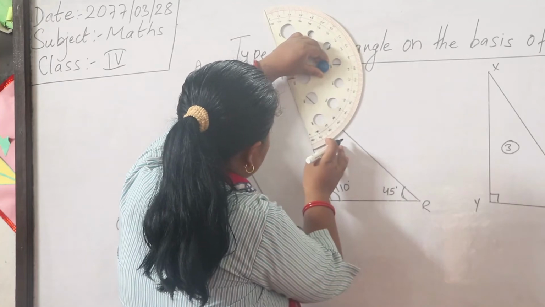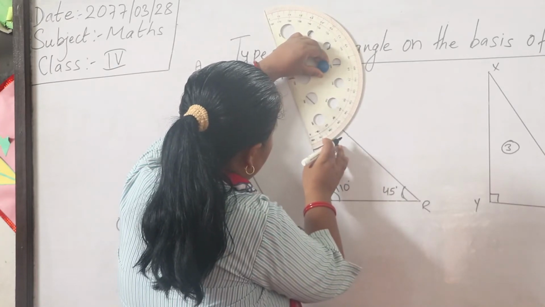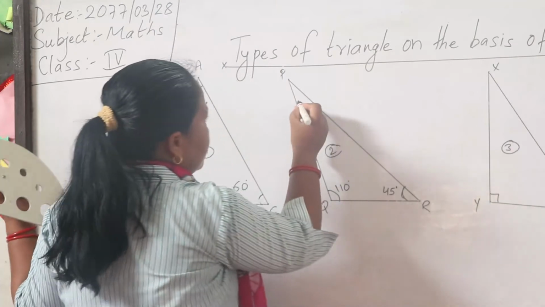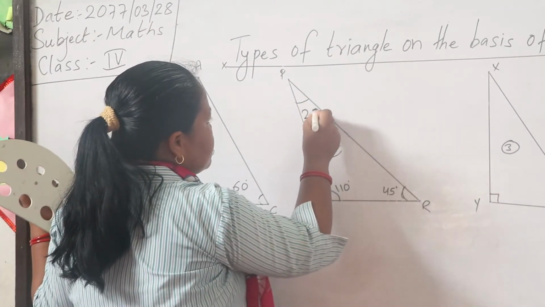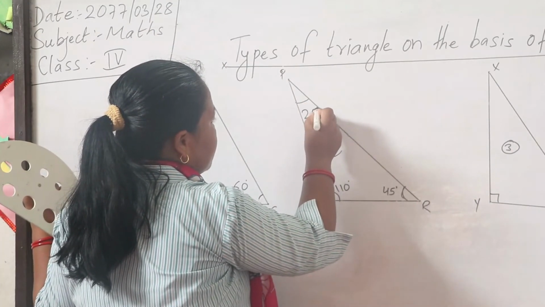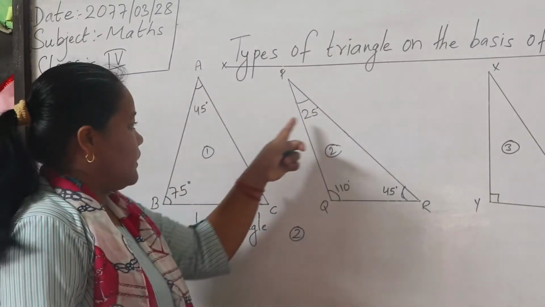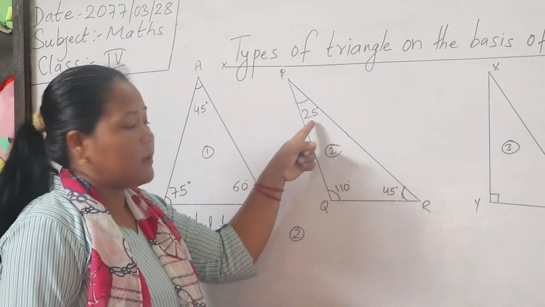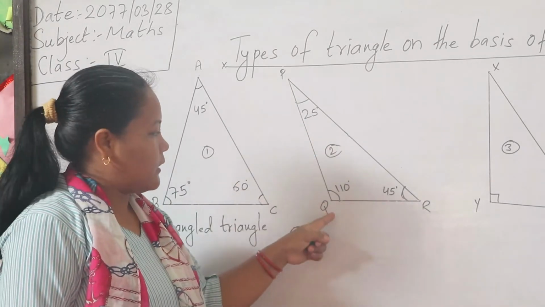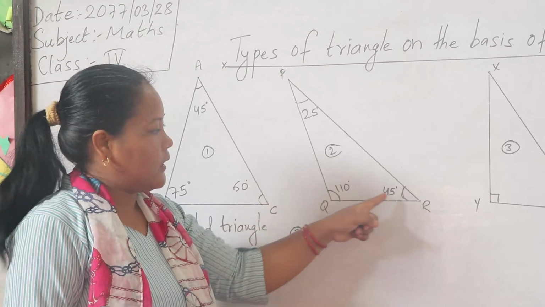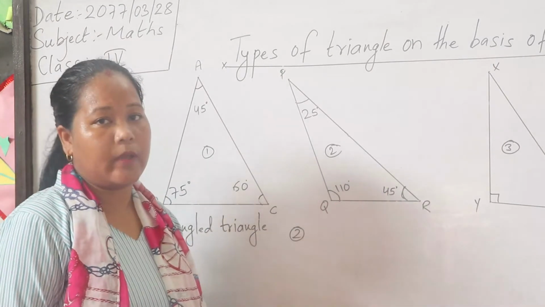Let's adjust the protractor. Yes, angle P is 25 degrees. Okay, let's see all the angles. Angle P is 25 degrees, angle Q is 110 degrees, and angle R is 45 degrees.